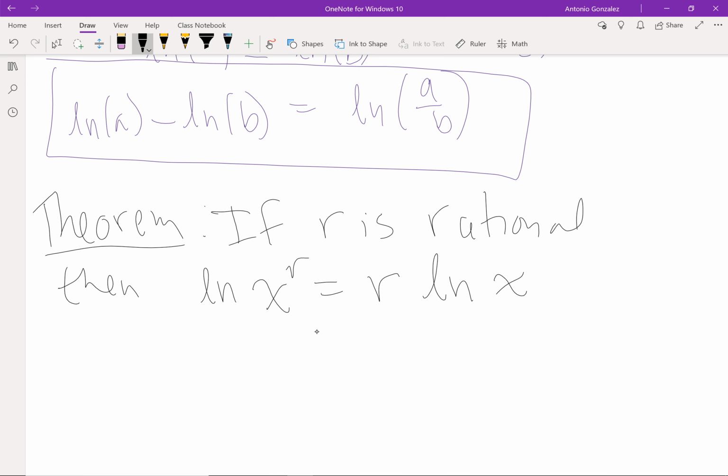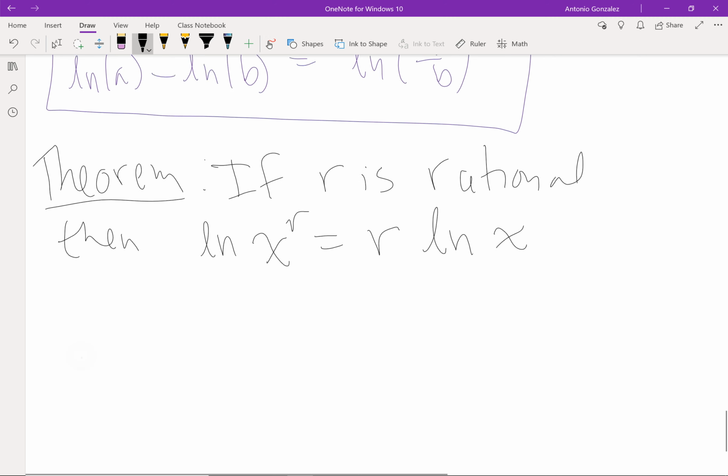Now we have some basic properties of the natural logarithm. And now let's take a look at what the graph of a natural logarithm would look like.